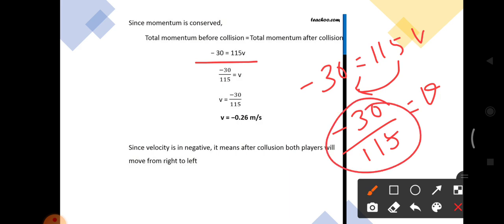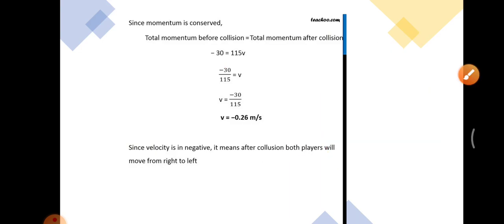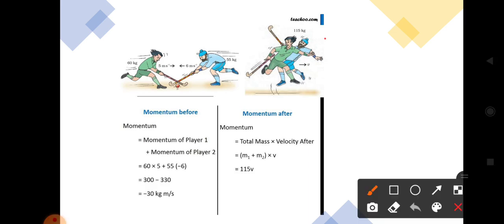When we divide minus 30 by 115, we get minus 0.26 meter per second. Since velocity is negative, it means after collision both the players will move from right to left. So the minus sign represents that after collision they move from right to left.